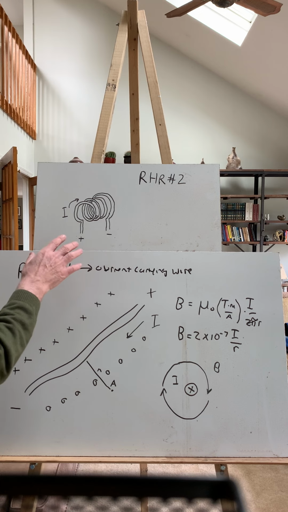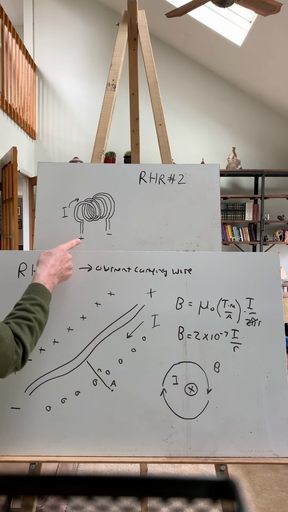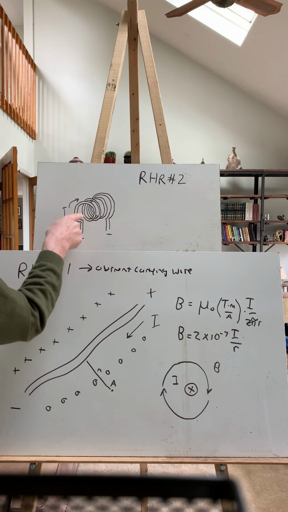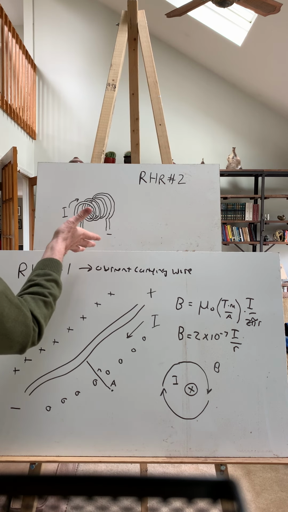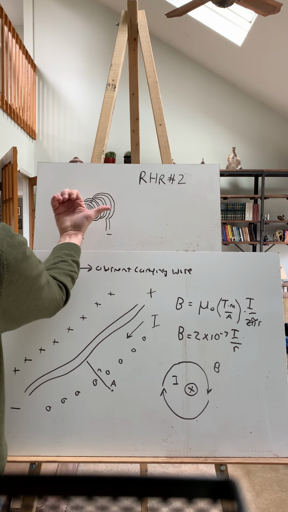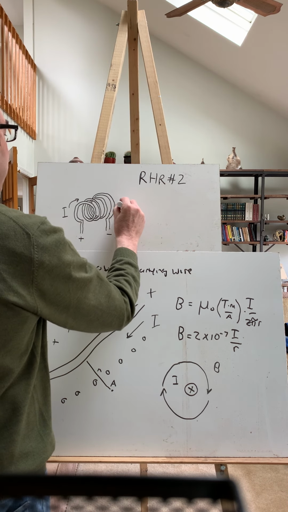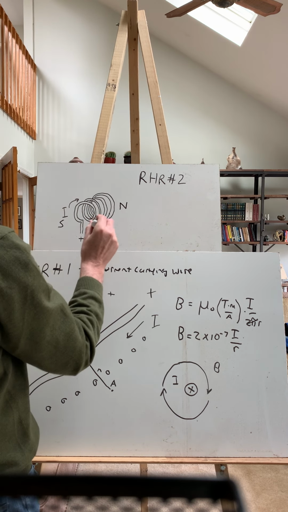Now, in order to find the directionality of that magnetic field, we're going to follow the current. We follow the current into the loop, and it's circling around like that, and it comes out like that. We're going to wrap our fingers in the direction that the current is physically flowing, and our thumb points north. So in this case, the north of the magnetic field is here, and south is here.